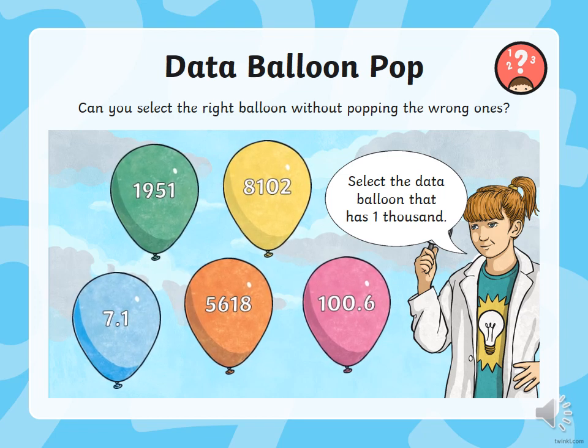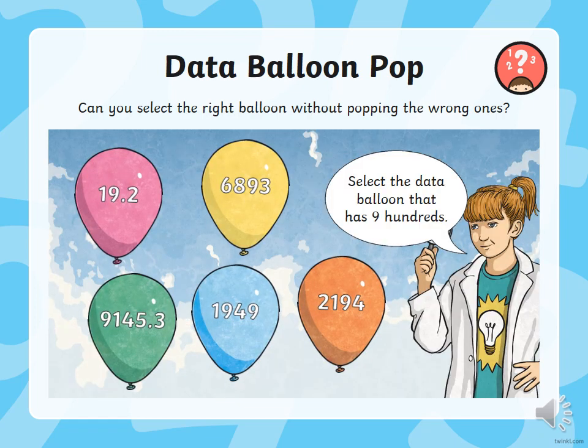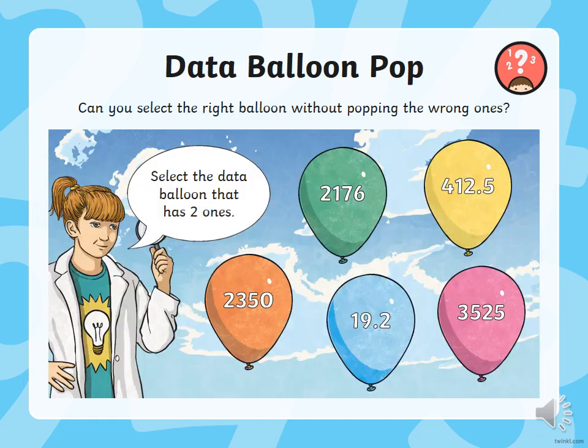Excellent. It's the green balloon. 5 tens again. Well done. It's the purple balloon. 900. Good. It's the blue balloon. Which balloon has the 2 ones? Excellent. It's the yellow balloon.